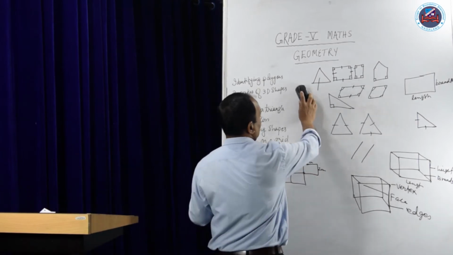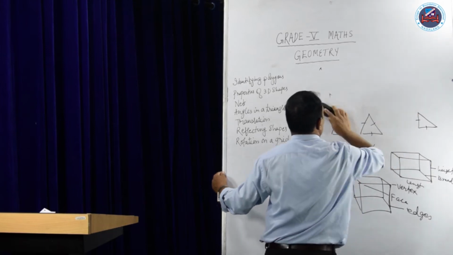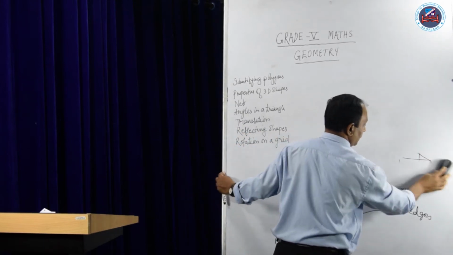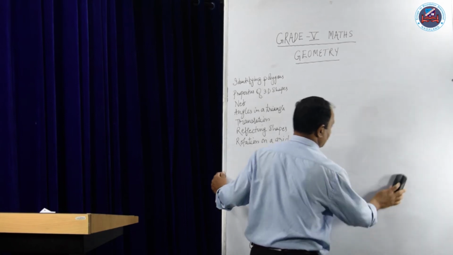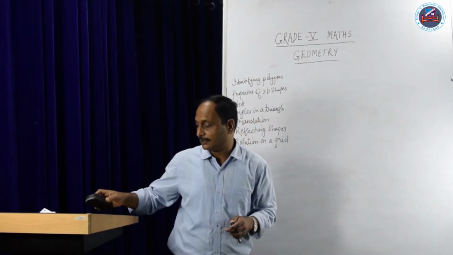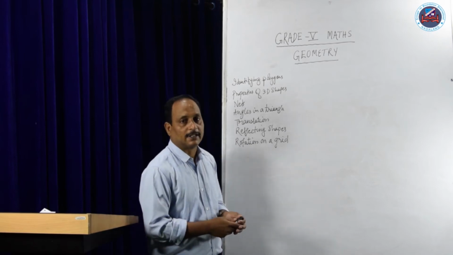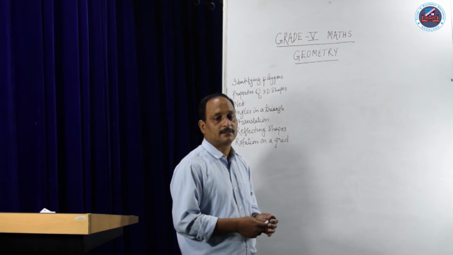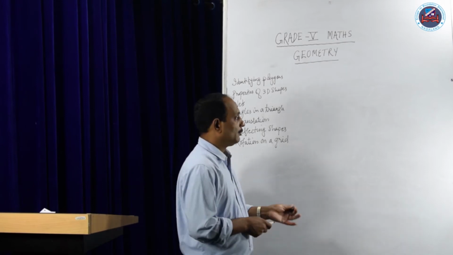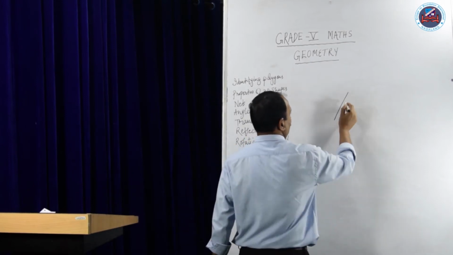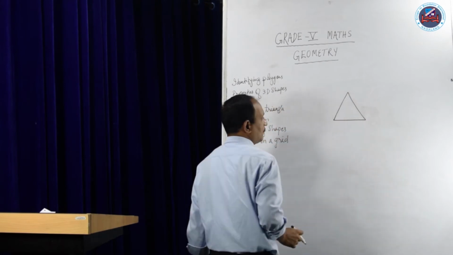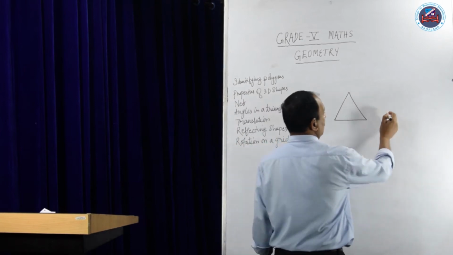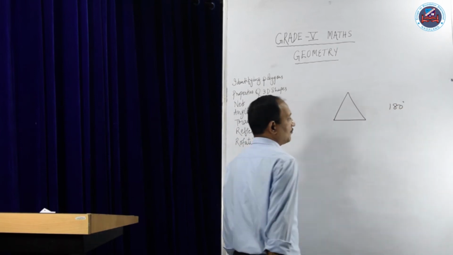We know now that there are different triangles: equilateral triangle, isosceles triangle, right angle triangle, acute angle triangle, obtuse angle triangle. So these triangles have degrees. Whenever a triangle is there, it will have 3 sides only, and the total degree of a triangle is 180 degree.